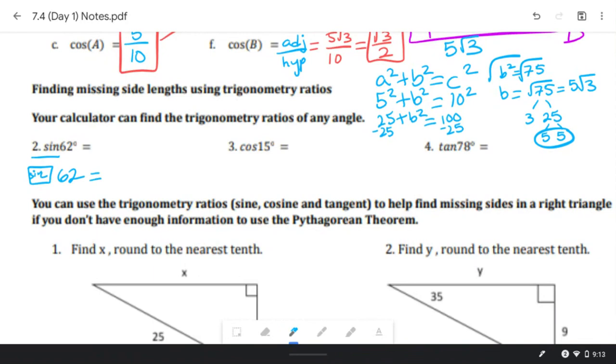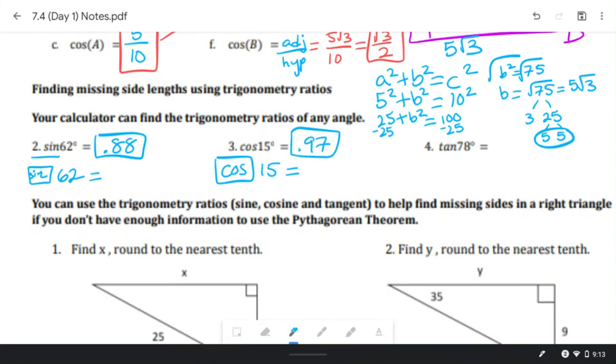If you do that, you're going to get more than 2 decimals, but let's just round it to 2 decimals. For number 3, you would do the same thing, but this time you're finding cosine. Find that button on your calculator, then press 15, and then press enter, and you should get 0.97.